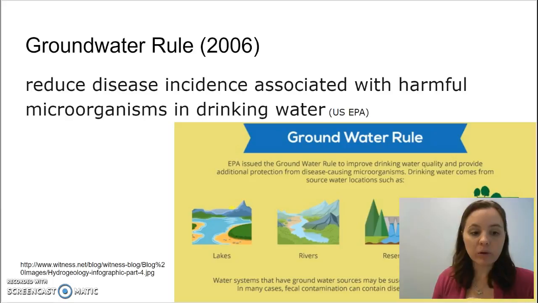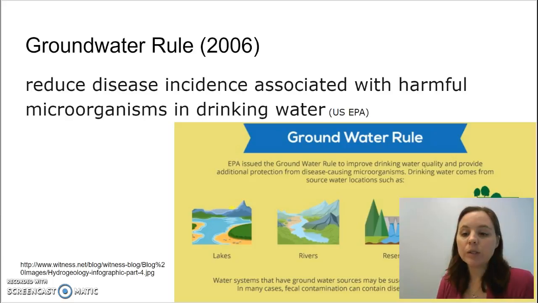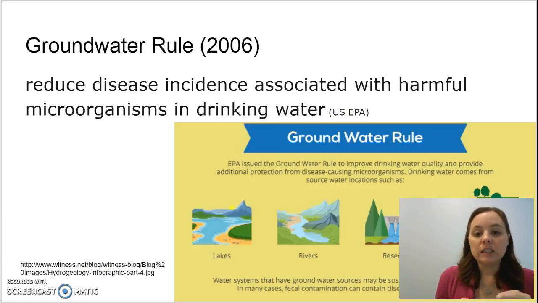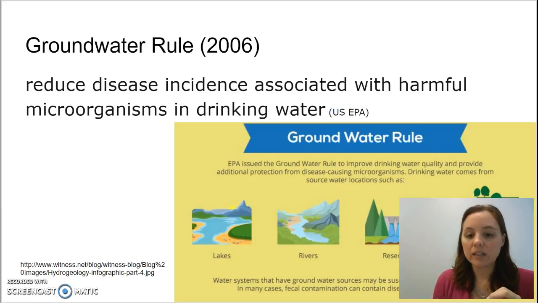And then another important piece of legislation concerning drinking water is the Groundwater Rule, which was created in 2006. The purpose of this is to reduce disease associated with harmful microorganisms, and it helps look at sources of fecal contamination in particular.